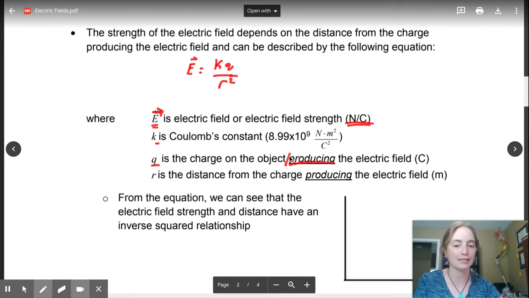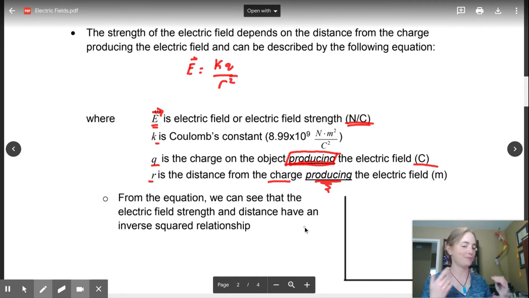I want you guys to highlight this here because we're going to be dealing with all sorts of different Qs. So this is the Q, the charge of that object producing the field. Units, coulombs.